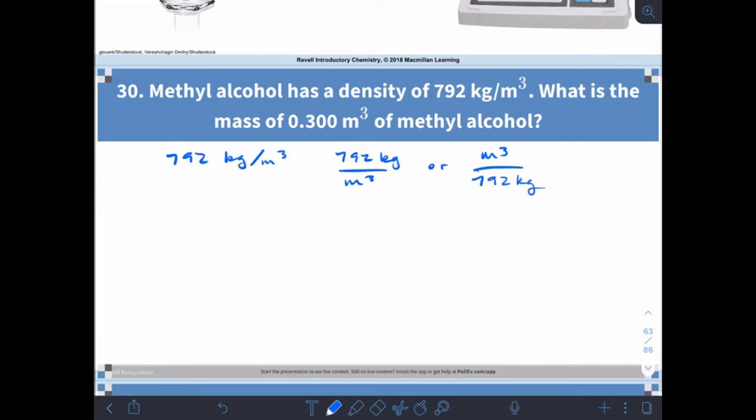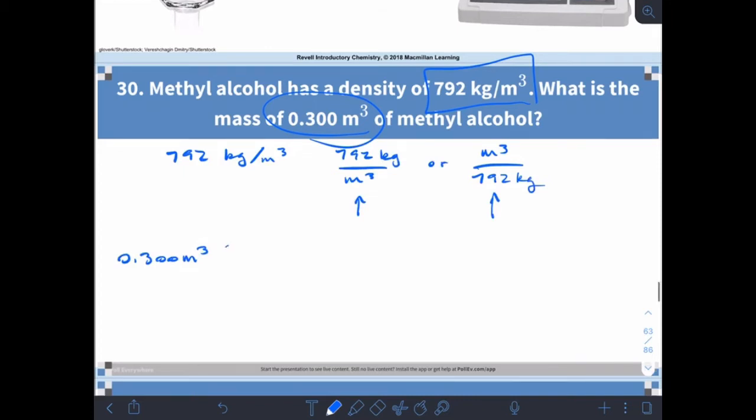Right? Doesn't this look just like the previous problems that we were working? So I'm going to start with my given information. If 792 kilograms per cubic meter is a conversion factor, then my given information is this 0.3 cubic meters. So now I have my conversion factors that I can choose from, and I'm going to put cubic meters on the bottom to make the cubic meters go away.